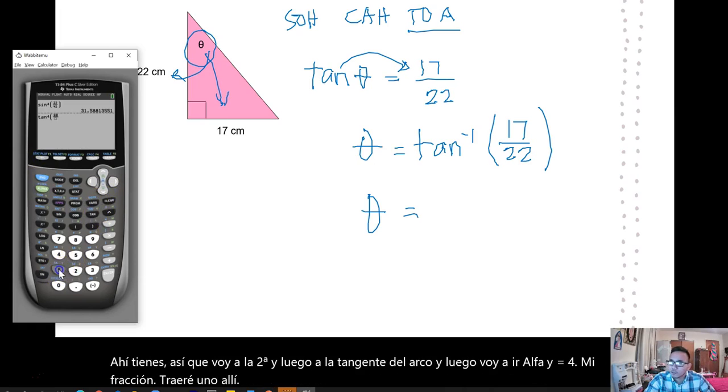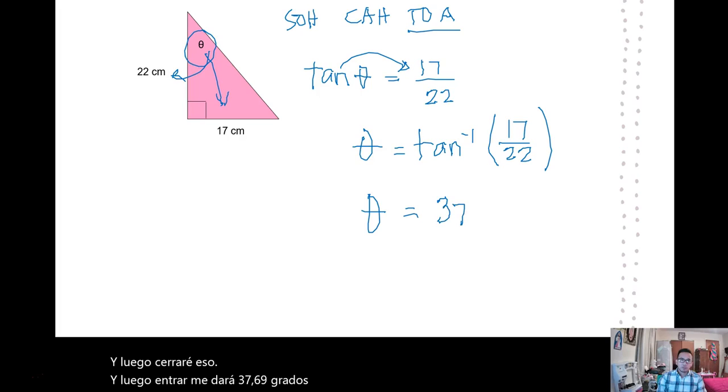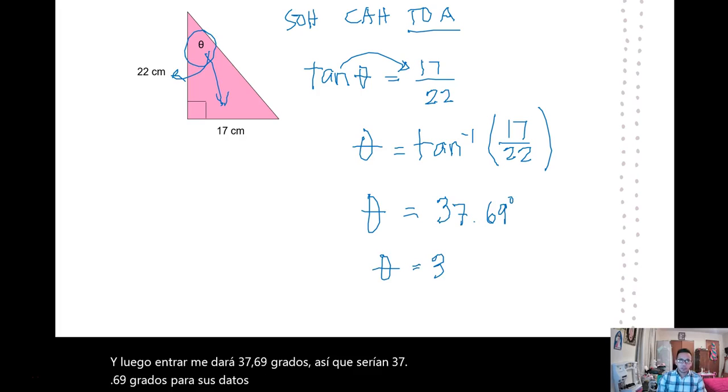My fraction is 17 over 22, and then I'll close that and press enter. It will give me 37.69 degrees. So it would be 37.69 degrees, or your theta here in simplified form will be 38 degrees.